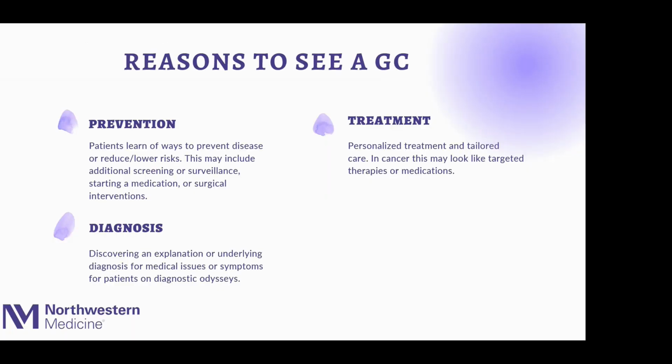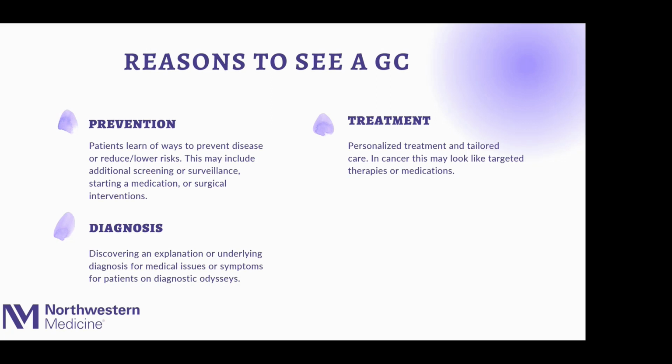Some of the reasons to see a genetic counselor. This is a recap of some of the information that I've already shared: prevention, diagnosis, and treatment. Patients can learn of ways to prevent disease or lower their risks for cancer. This may include additional screening, medications, surgical interventions.